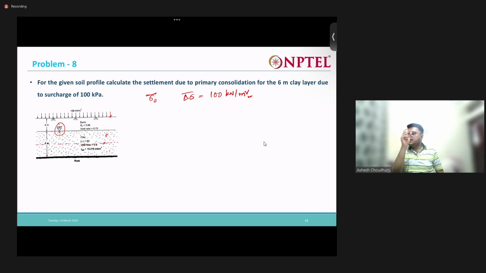We can fix a tolerance value. If we divide the clay layer into two divisions, this much settlement is coming. If we divide the clay layer into three divisions, the accuracy will increase. If we divide into four, there will be slight changes in settlement. So we can fix some tolerance value, say 1% or 2%, and write this code.